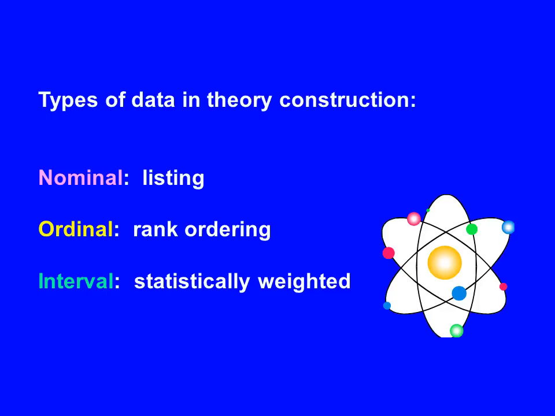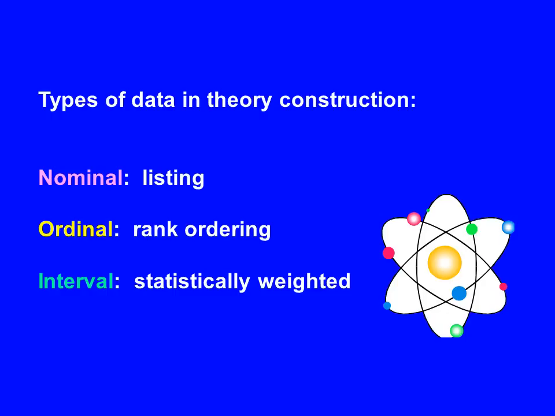And then interval data is what we get from research studies using quantitative research methods and so forth. We conduct surveys, we do questionnaires, we do different types of experiments that end up with interval data, which is statistically weighted. So then you may be able to tell me, well, you are a student 30% of the time, you're an employee 30% of the time, and you're a parent 100% of the time.